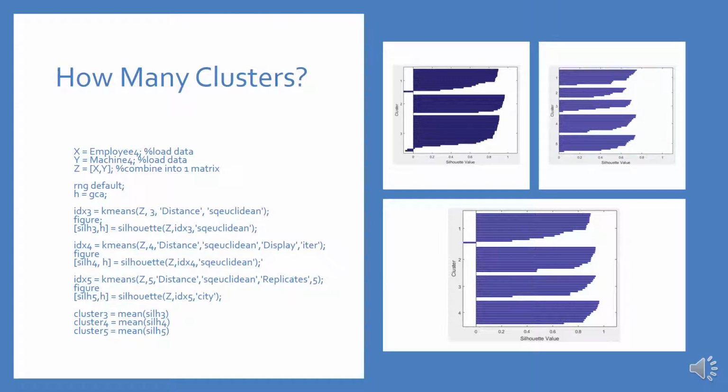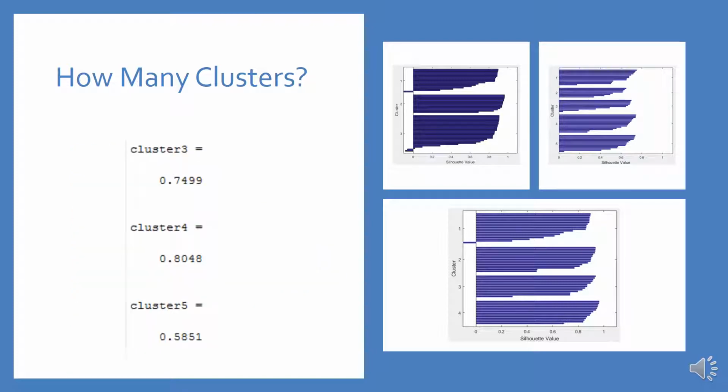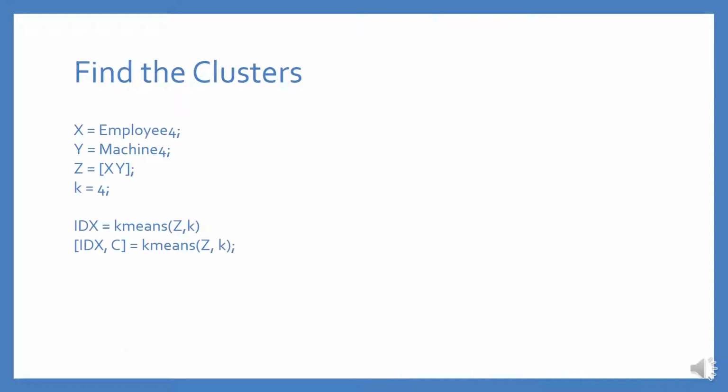When we take a quick look at these, we can see that a cluster of 4, the one on the bottom, is actually going to be the best bet. However, if we want to quantify this, we can use the average silhouette value. We can see here that cluster 4 is the best one to use.